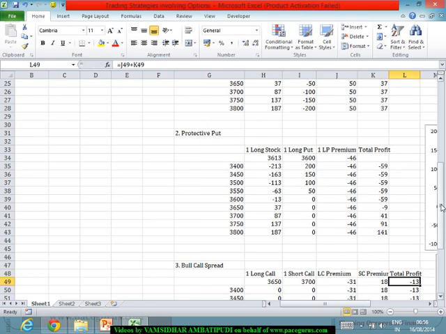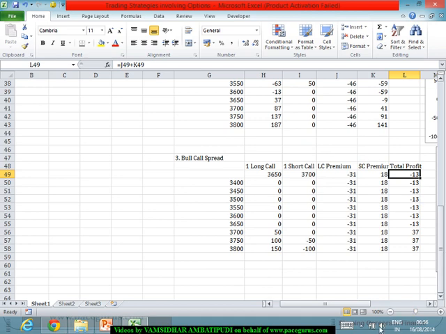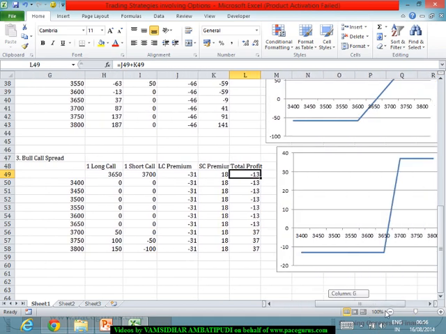Now you see the initial cash outflow is only 13 bucks. The profit potential has gone to the extent of 37. So if I am making a loss, the loss is going to be only 13. But when there is a profit, the profit is frozen at around 37.